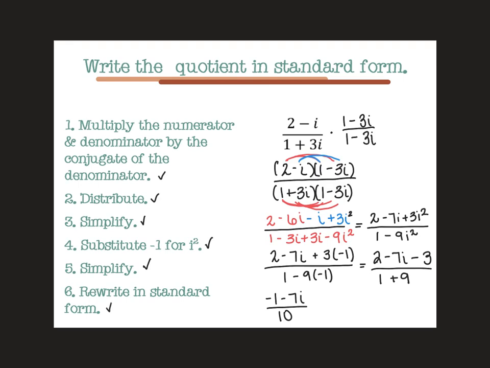To rewrite in standard form, I just need to separate this into two separate fractions. So this is really negative 1/10 minus 7i over 10. So I just separated the two terms and wrote them both over the same denominator.